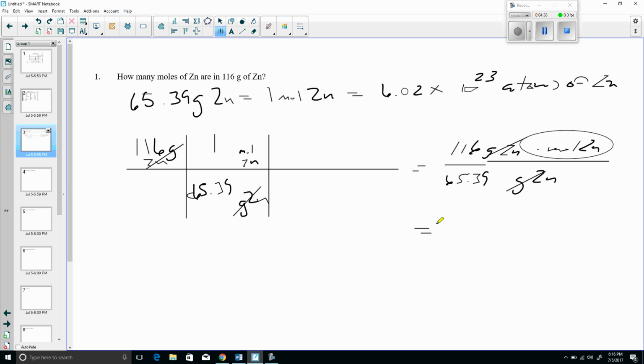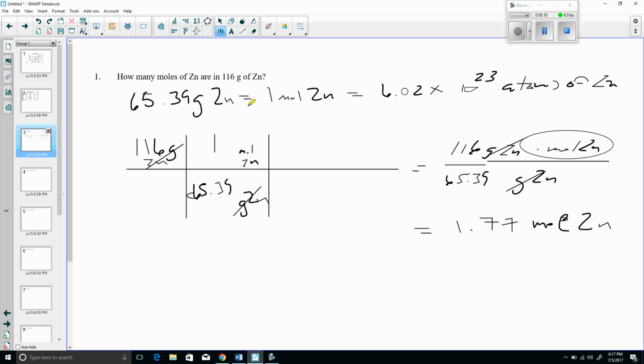So if you take this and you have 116 and you divide it by 65.39, hitting the wrong button, you're going to get 1.77 moles of zinc. And that's moles. Okay, and that's as simple as that goes.